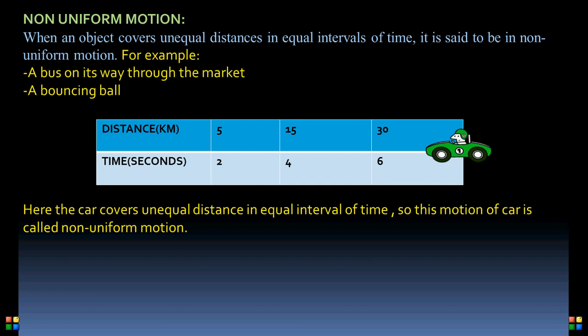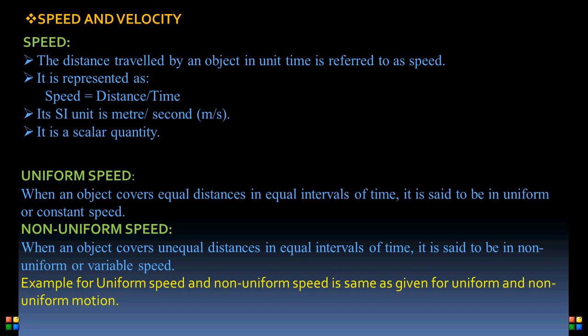Now we talk about speed and velocity. So first we see the definition. The distance traveled by an object in unit time is referred to as speed. It is represented as speed equals distance upon time.